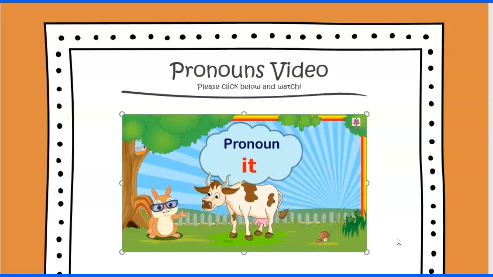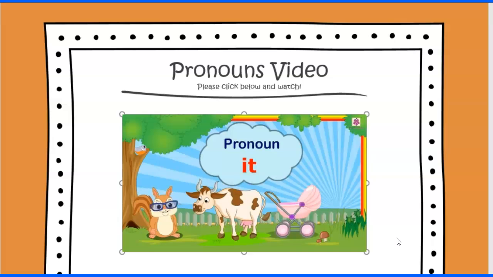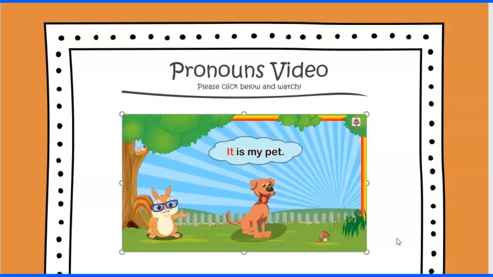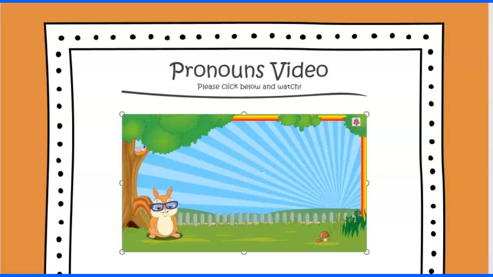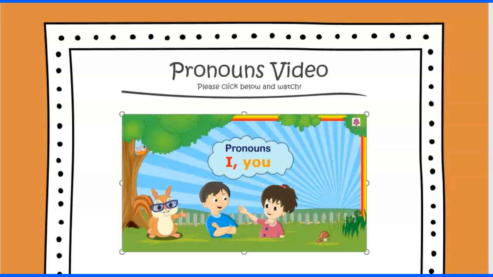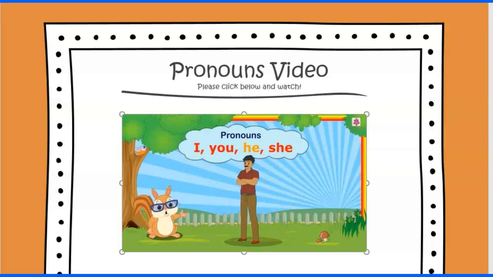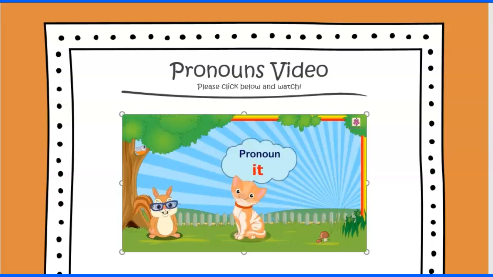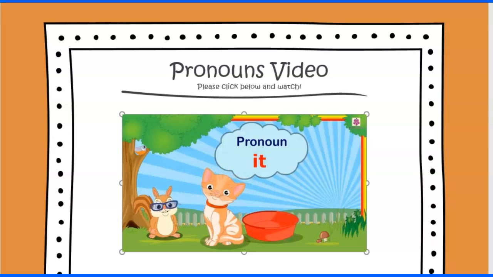It is used for animals and things. For example, it is my pet. My pet is a dog. I, you, he, and she are used for one person. It is used for one animal or thing.